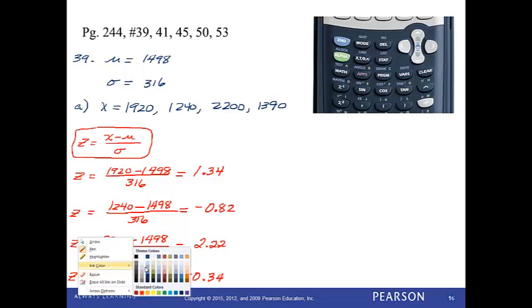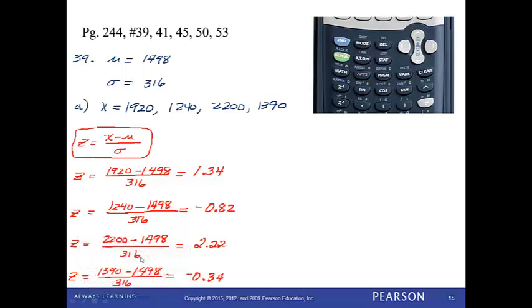And then it says in part B, determine whether any of these values are unusual. So recall that a z-score tells you how many standard deviations you are from the mean. So this is the number of standard deviations from the mean.